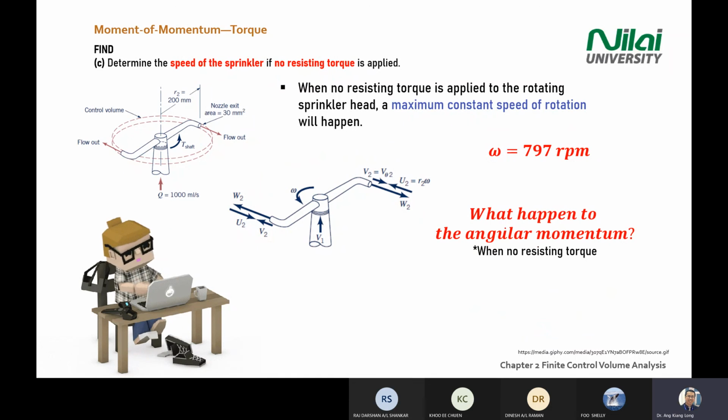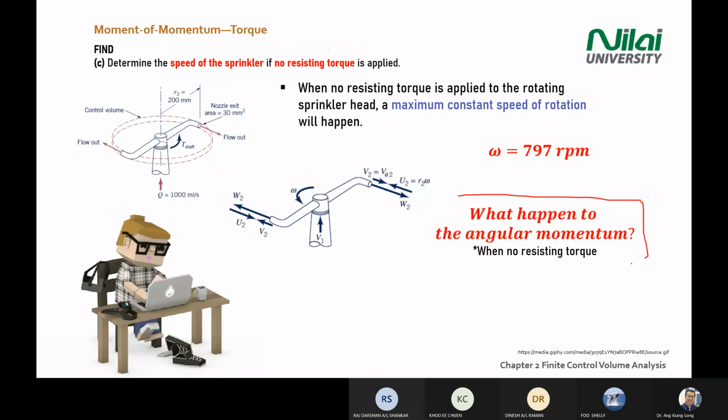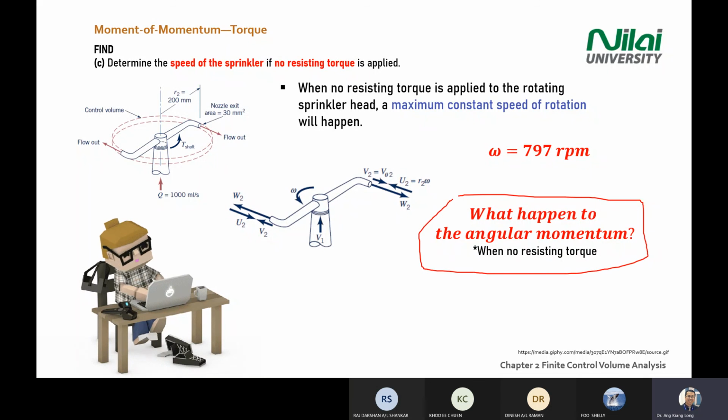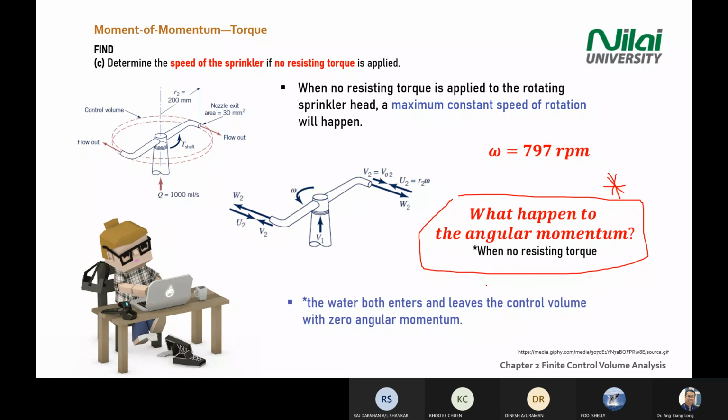The next question is, what happened to the angular momentum? This one is another hint. Try to think what happened to the angular momentum when there's no resisting torque. The hint will be the water enters and leaves the control volume with 0 angular momentum.